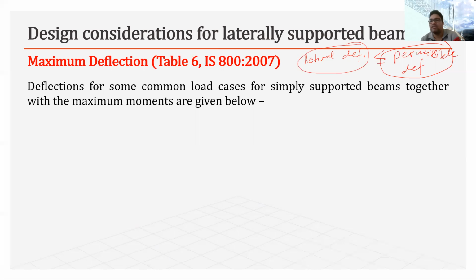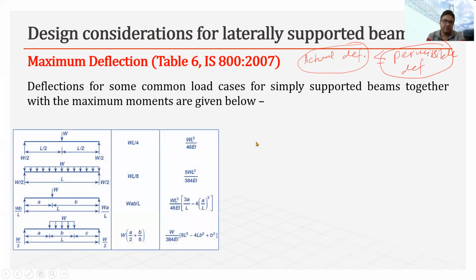This actual deflection depends on various things, like the support condition of the beam, what kind of beam it is, and the type of load the beam is supporting. Here I have shown some examples. This is the first case, a simply supported beam carrying a central point load.